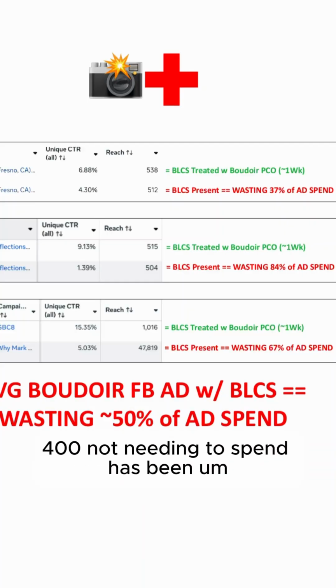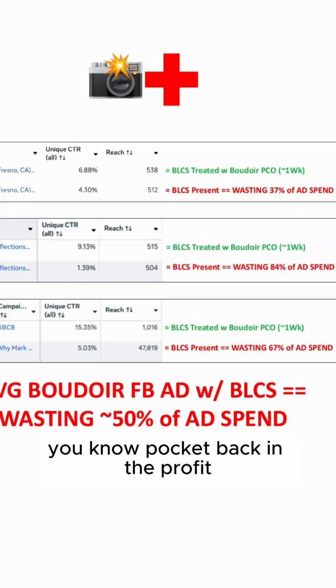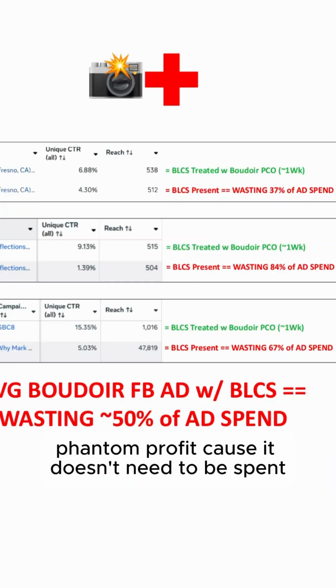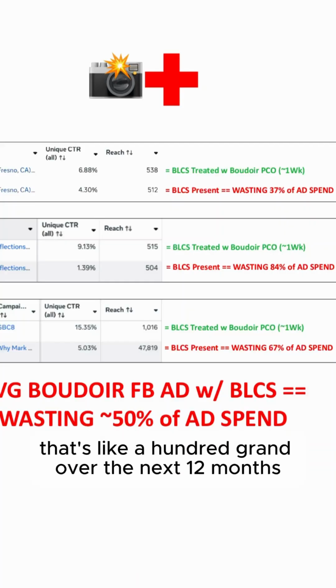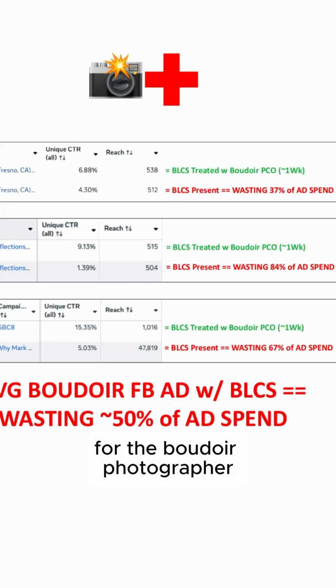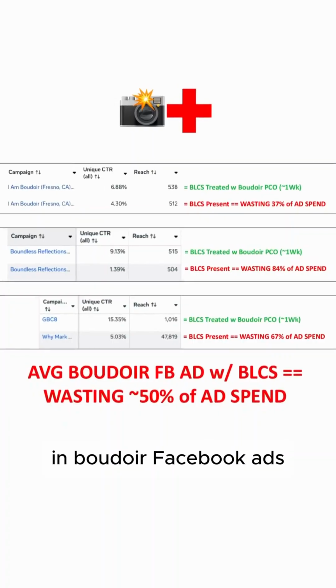So that 8,400 not needing to be spent goes back into the phantom profit. That's wasted spend eliminated. That's like 100 grand over the next 12 months for the boudoir photographer that's spending 10K a month in boudoir Facebook ads.